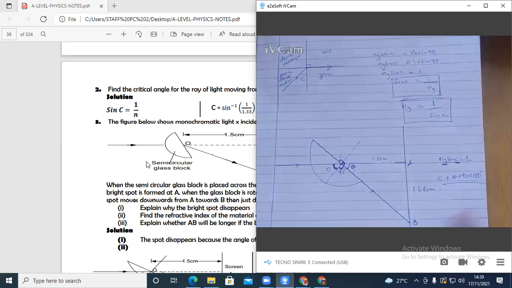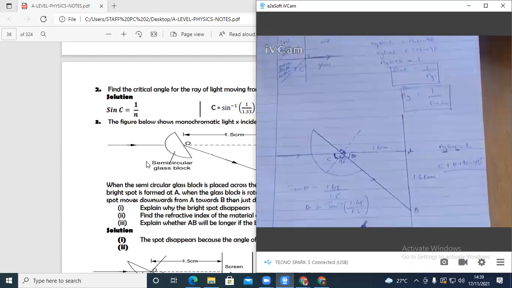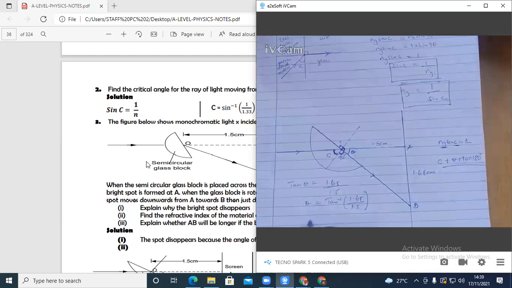From here we can say tan theta equals the opposite, which is 1.68, over the adjacent, which is 1.5. And theta is equal to the tan inverse of 1.68 over 1.5. I don't have a calculator, but you can help me get the answer.